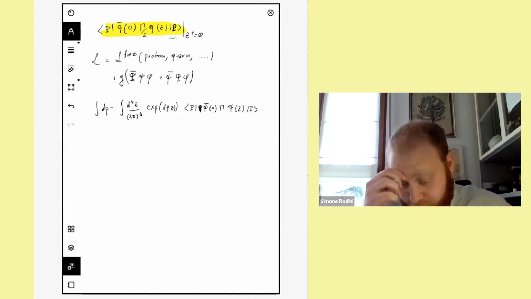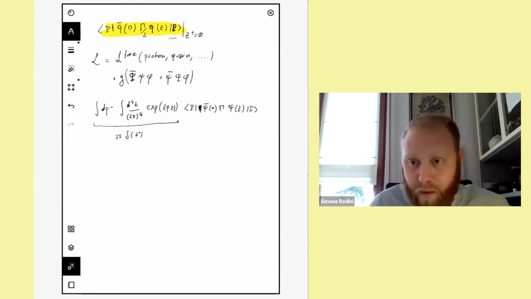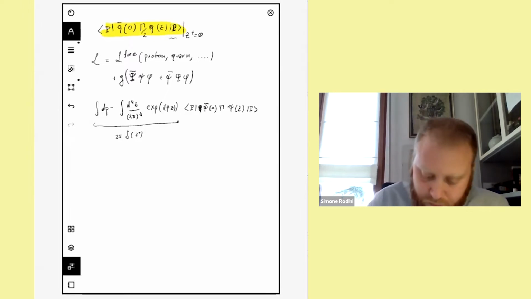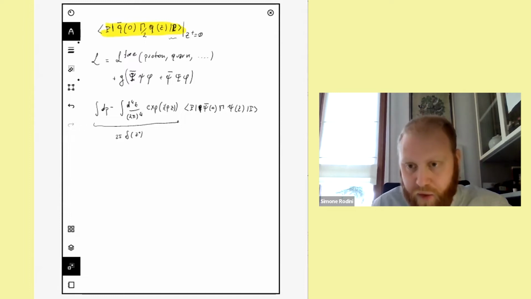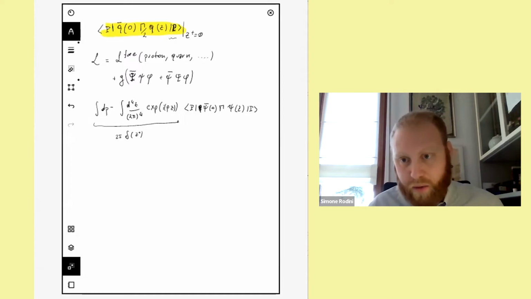Okay, it should be clear that this gives you basically 2 pi delta of z plus, right? So it is exactly the same as the TMD correlator, but we will keep the integration over p minus explicitly, and we will use it at the end, and I will show you what it actually means.